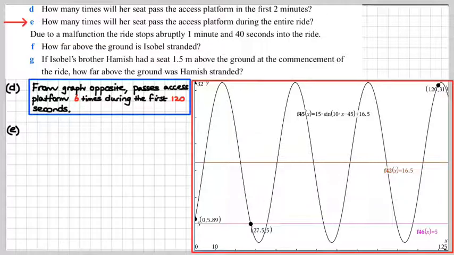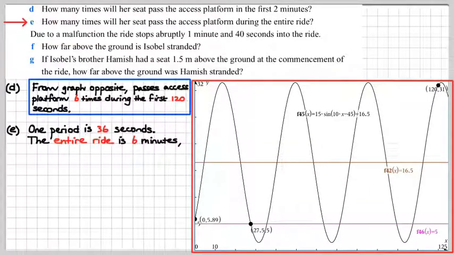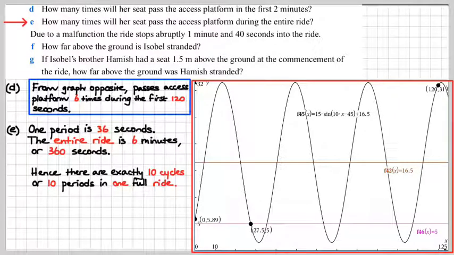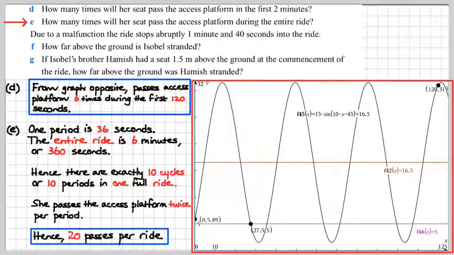Because her lowest point is 1.5 metres above ground and the platform is 5 metres above ground, she's going to pass it twice, once on the way down and once on the way up again. So one period is 36 seconds, entire ride 360 seconds, therefore 10 periods in one full ride, and therefore twice in each cycle, therefore 20 times overall she passes the access platform.